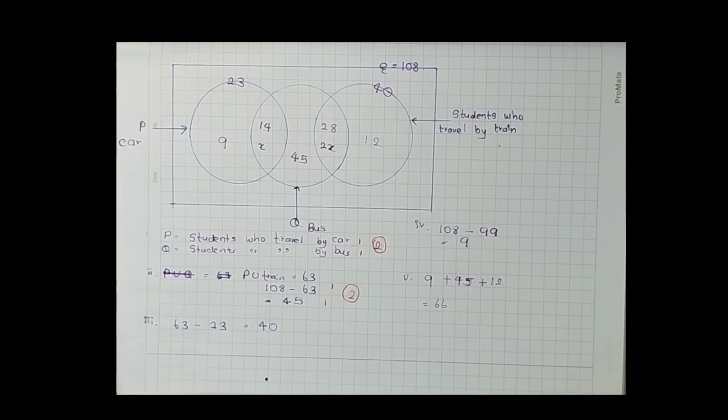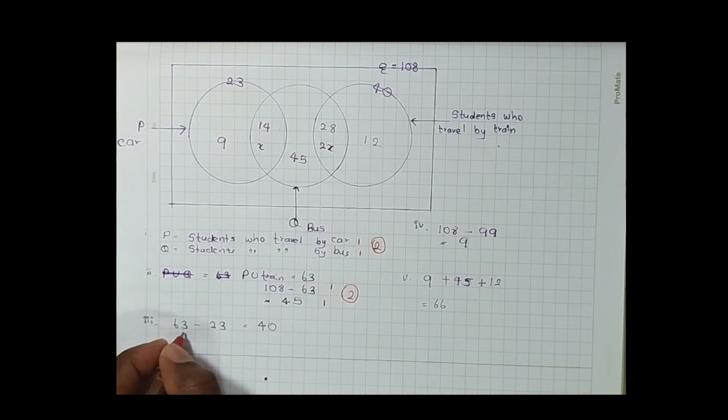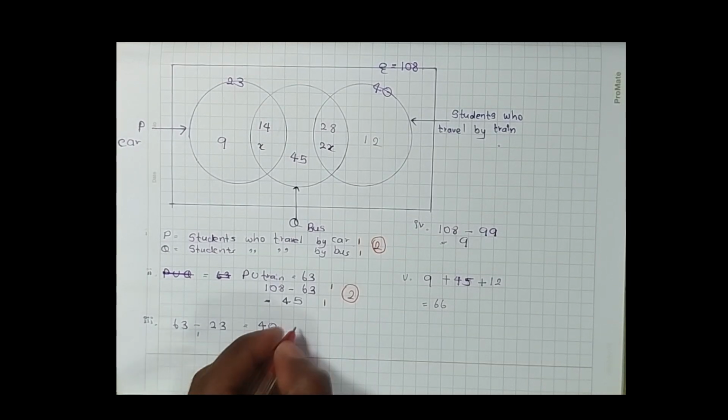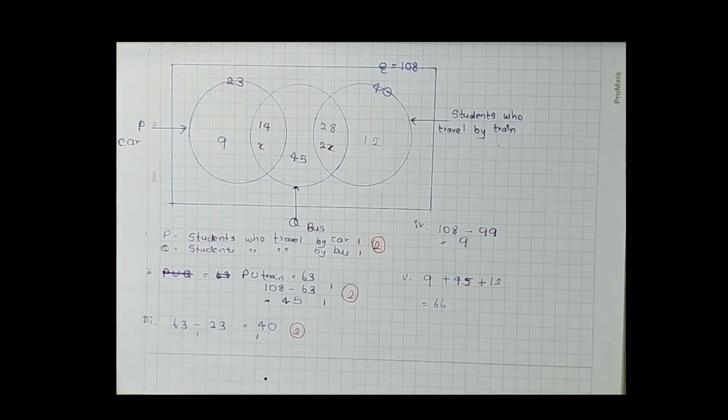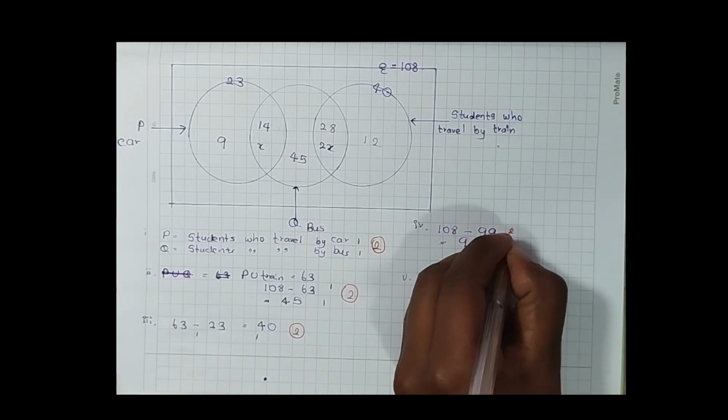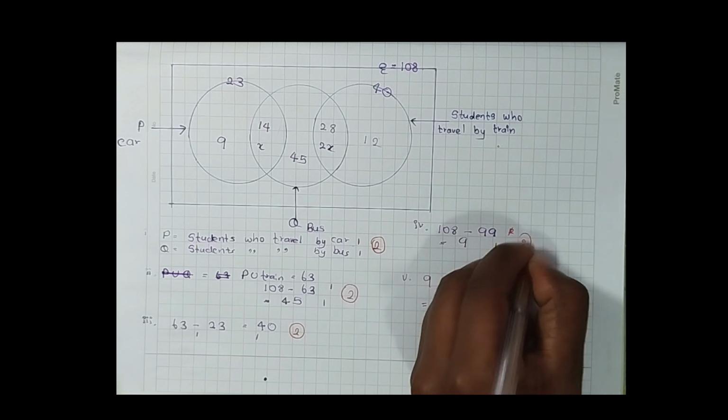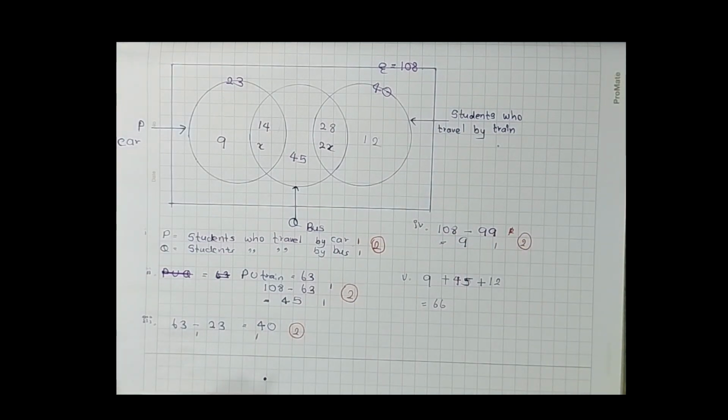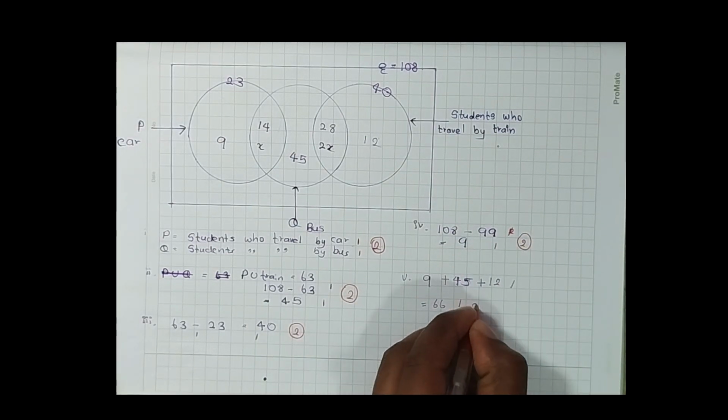Now see the marks. For the third question you get 2 marks for identifying this and for the final mark. For the fourth question you also get 2 marks. For the last question also you get 2 marks.